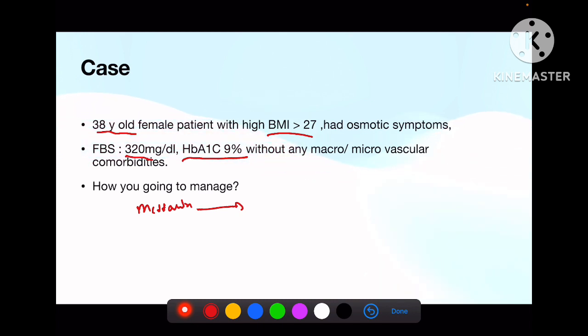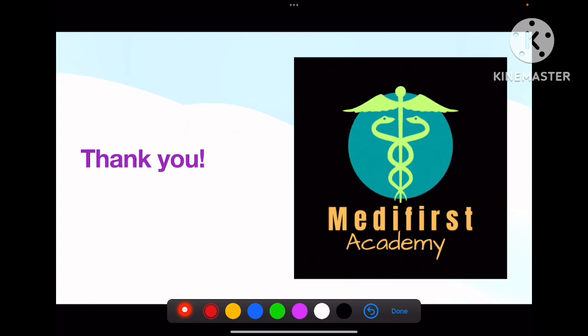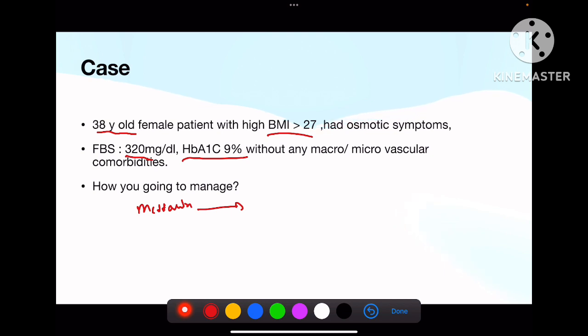The options you can add to this patient as a second line drug: first is a GLP-1 receptor agonist, or SGLT2 inhibitors you can add.